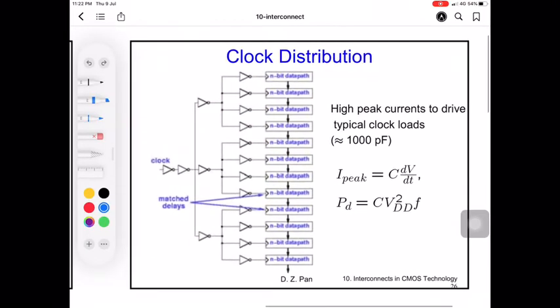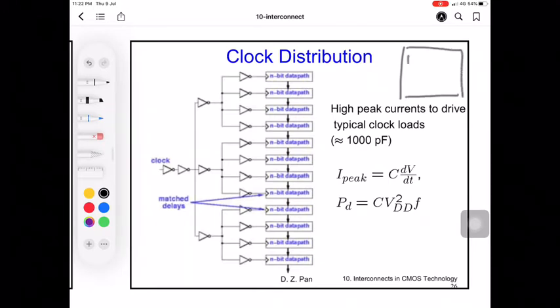The wires which are important to design are the wires which are connected to the clock. So if you were to design a chip, your chip has many different blocks, let's say the ALU, the multiplier, the flip-flop.